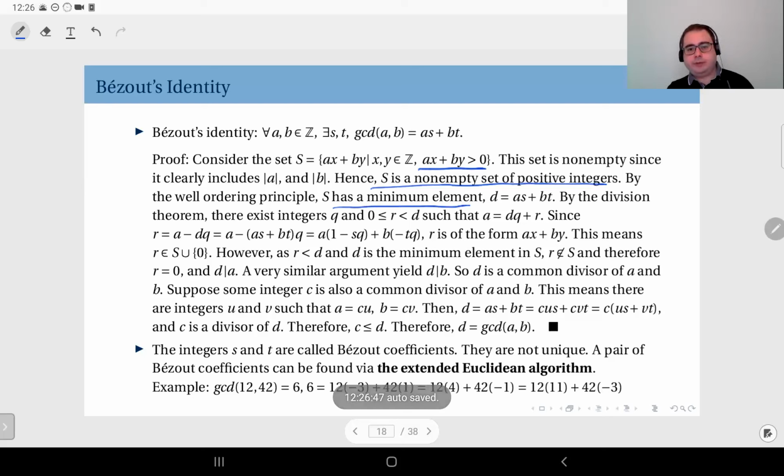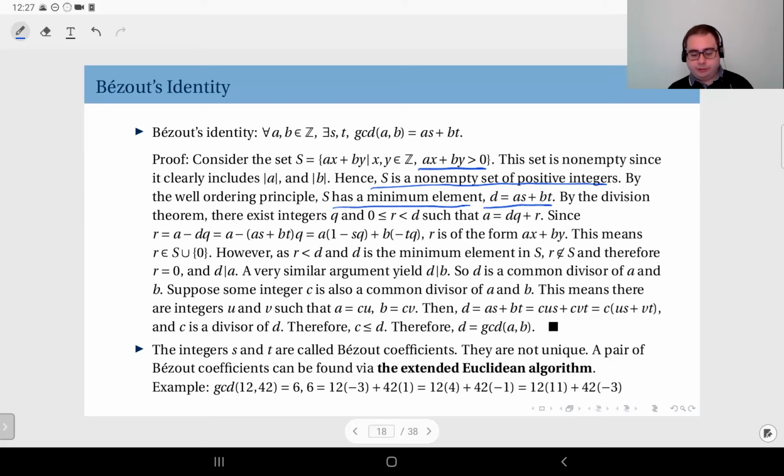This is the well-ordering principle. Any non-empty set of positive integers must have a minimum element. Let's call this D, and assume that this is equal to a times s plus b times t for some pair s and t. So this is the minimum value of the positive linear combinations of a and b.